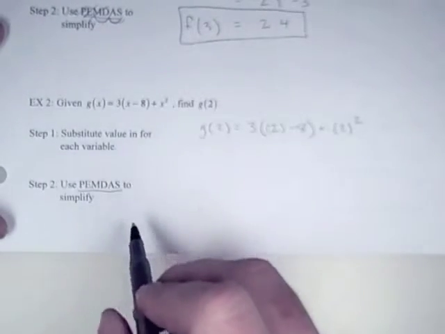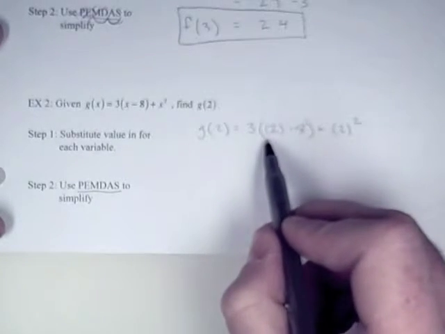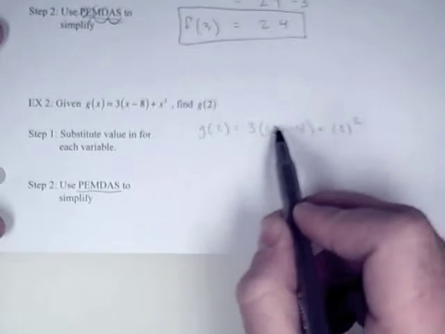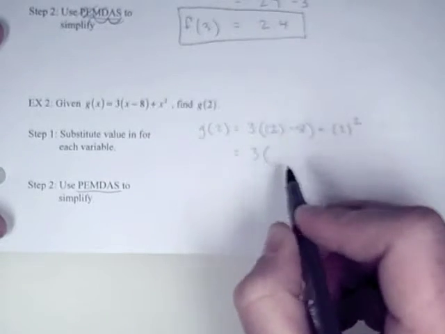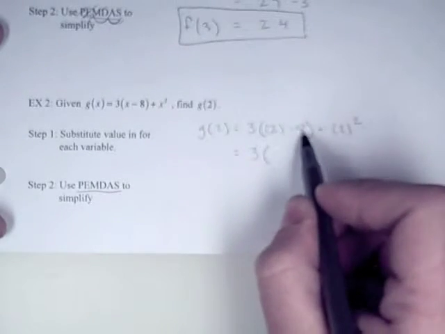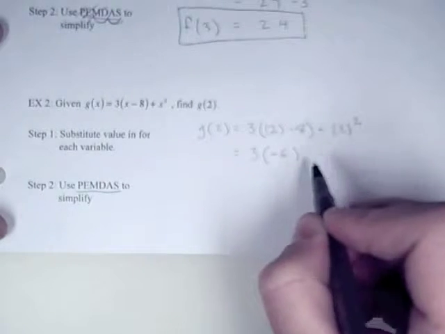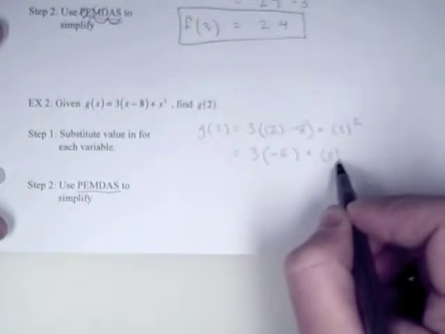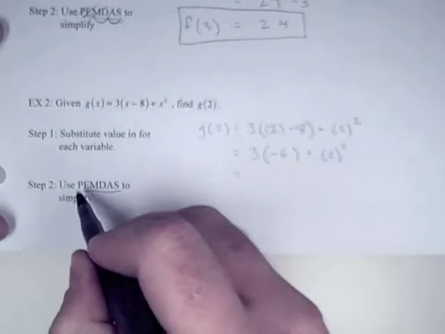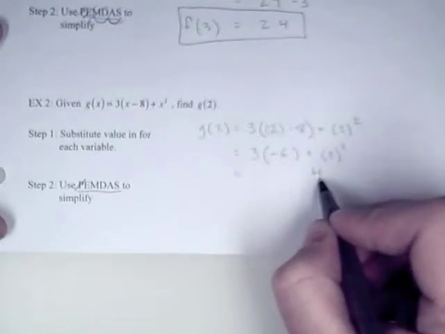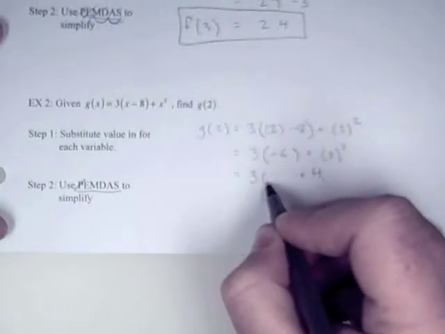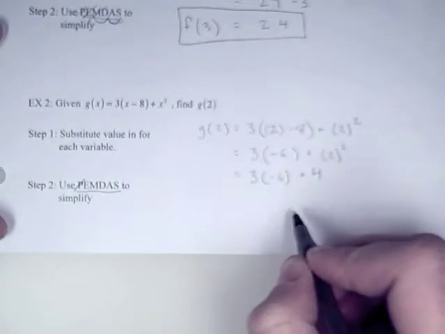Then use PEMDAS, parentheses. This time I do have parentheses. I have to simplify what's in here first. So I'll have a 3 on the outside, and then I know that on the inside, 2 minus 8 is negative 6 plus 2 squared. So I did my parentheses. Now exponents. 2 squared is 4, and we still have this part over here.